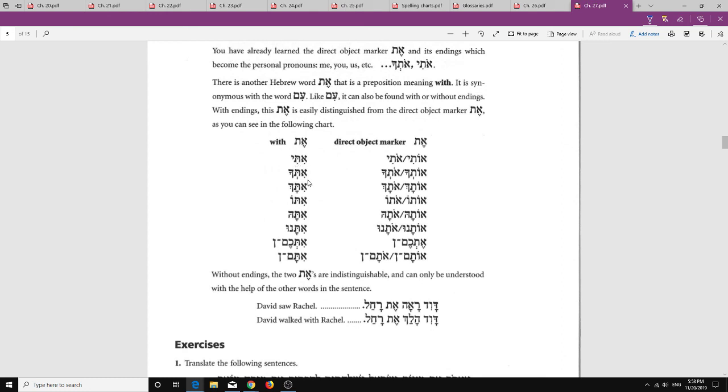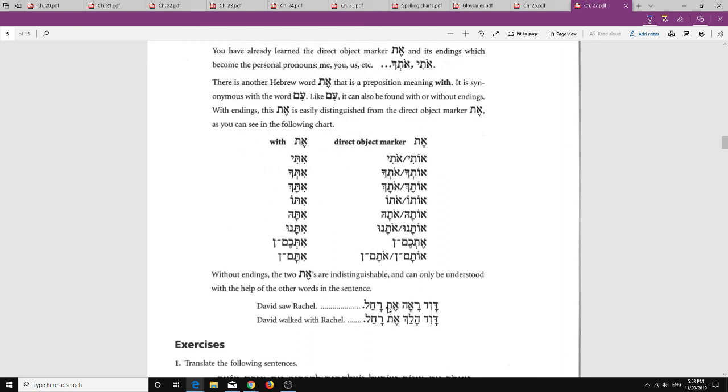So iti, itka, itak, ito, ita, itanu, itkem, itam. This is what we would expect with a preposition with a pronominal suffix. So it's easy to distinguish the two if they have a pronominal suffix. If they don't have a pronominal suffix, then it's just by context that we'll be able to understand what's going on. So some examples of this.